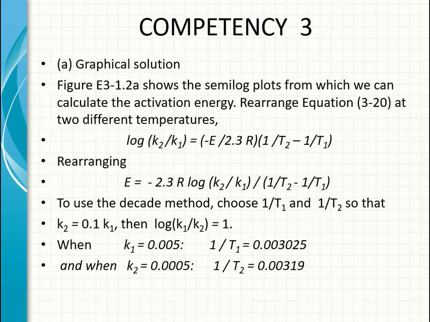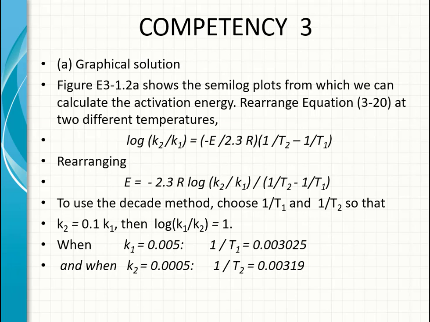So we can use values in which k2 is equal to 0.1 k1. In that way, we will have that the log of k1 divided by k2 is going to be equal to 1.